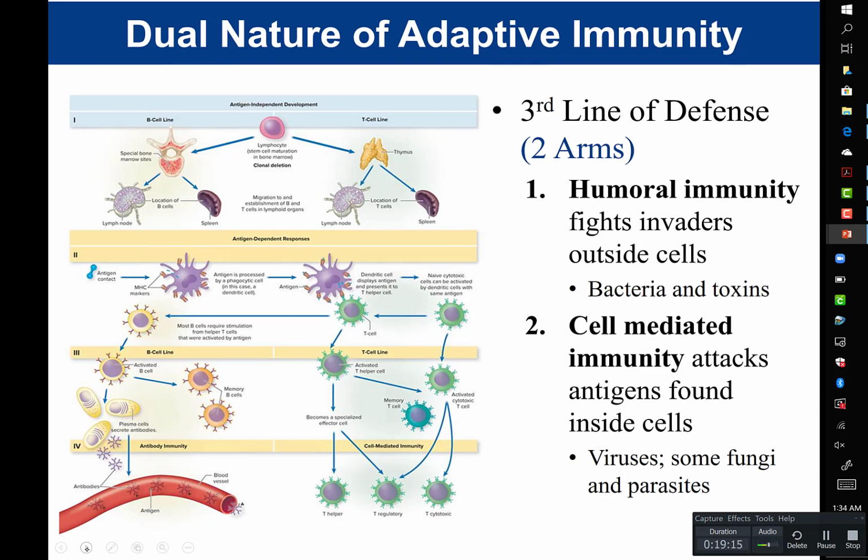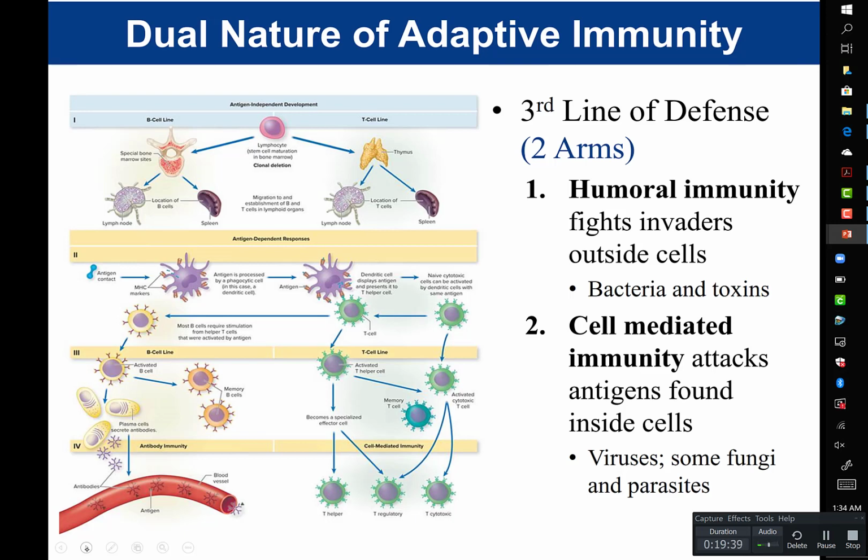The other arm of adaptive immunity would be our cell-mediated immunity. And this attacks antigens that are found inside of our cells. So this would include viruses, some fungi, and parasites, things that are found within our cell.